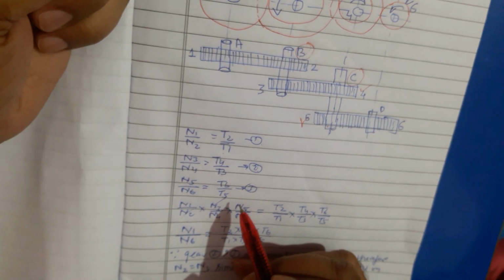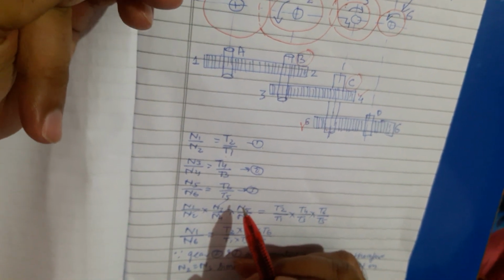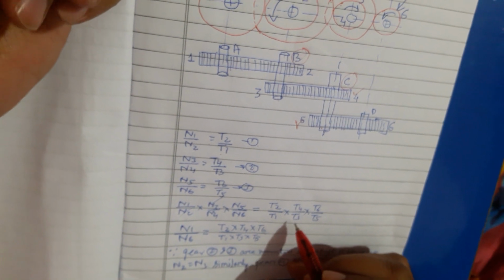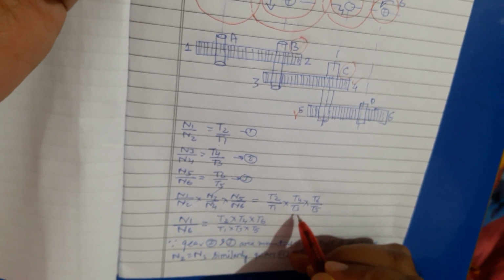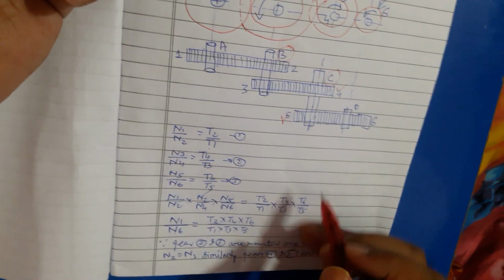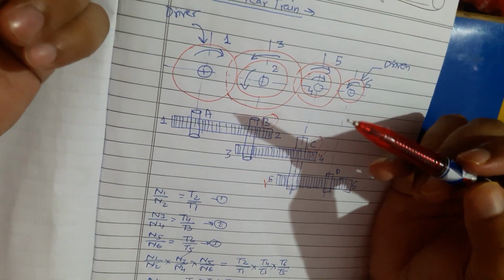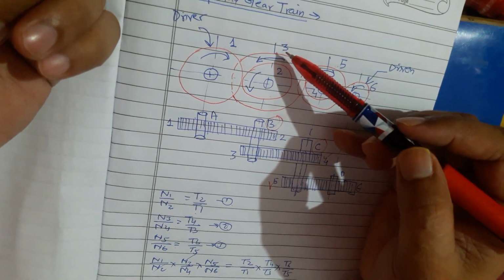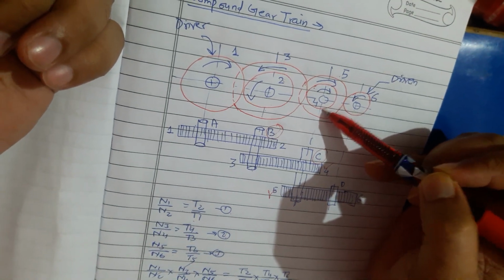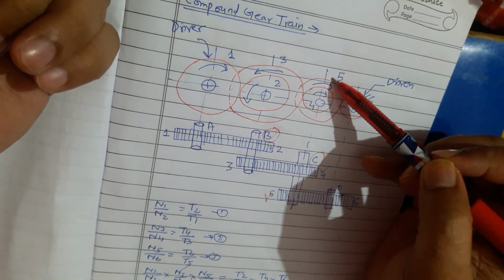Now we have to multiply equations 1, 2 and 3, which gives T2 upon T1, T4 upon T3 and T6 upon T5. As we know, the revolution of gear number 2 and gear number 3 are equal, the same as the revolution of gear number 4 and gear number 5 are equal.